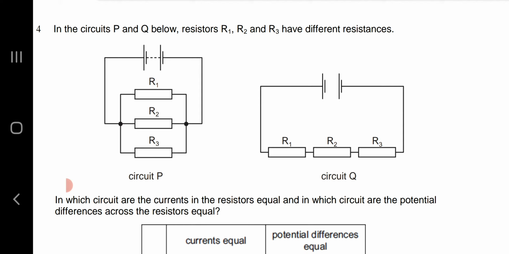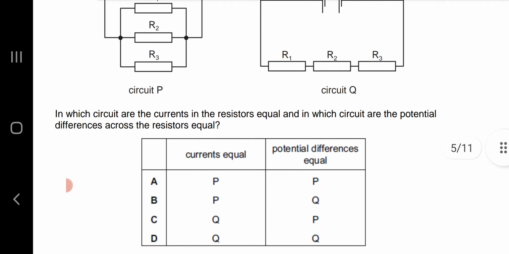Circuit Q is a series combination of three resistors, so the same amount of current will flow in these three resistors. Whereas the voltage is the same for all elements connected in parallel, as you can see in circuit P. Three unequal resistors are connected in parallel, but the voltage will remain the same across them. So currents are equal in circuit Q and voltages are equal in circuit P. It is option C.